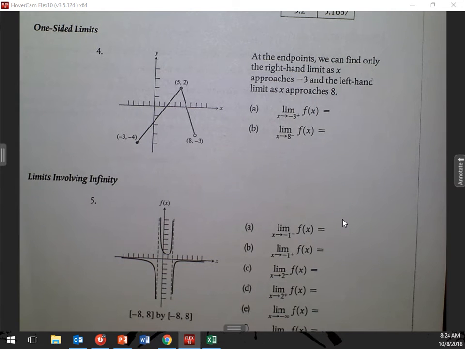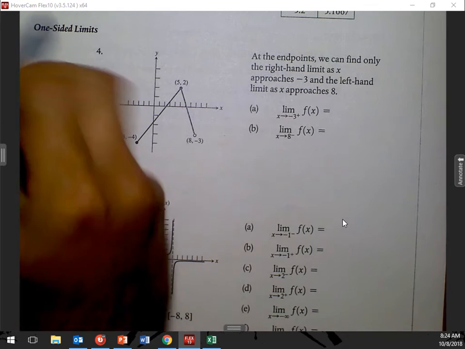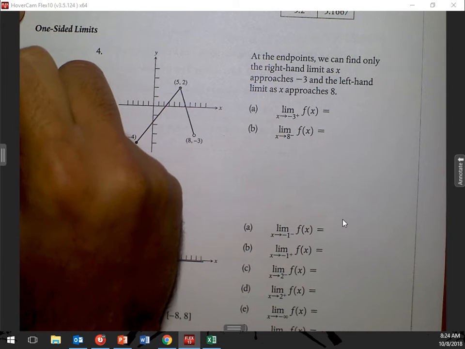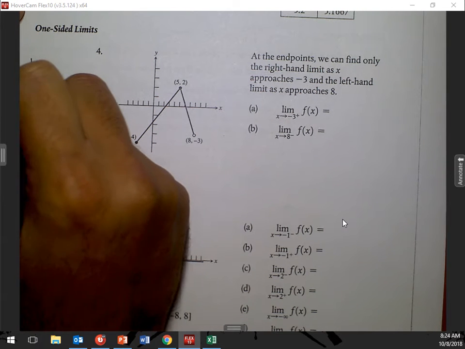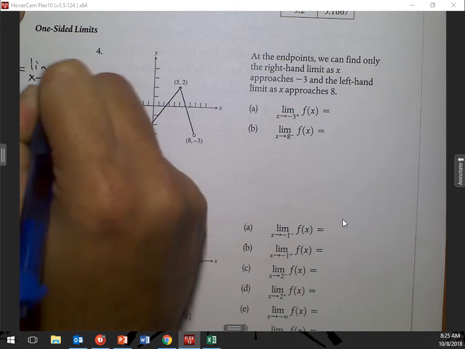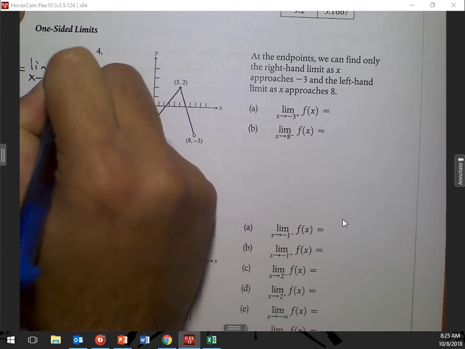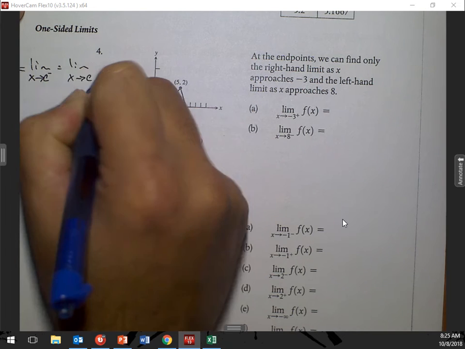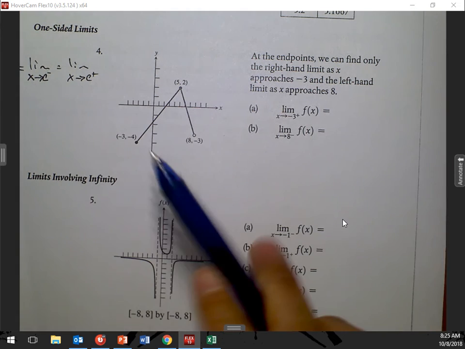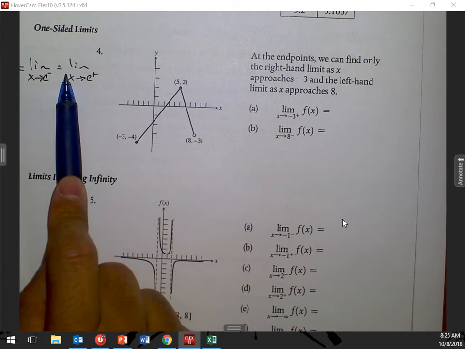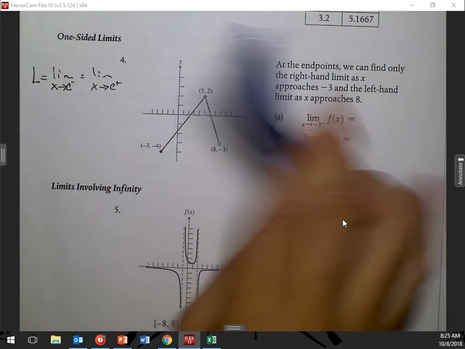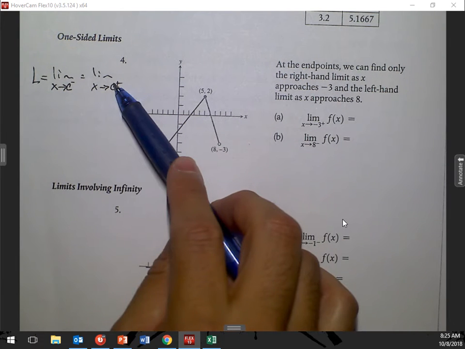What that means is, for a limit to exist, L is equal to the limit as x approaches C from the left hand, which is going to be equal to the limit as x approaches C from the right hand. So the limit's only going to exist, off screen. There we go. The limit's only going to exist when both those things happen.